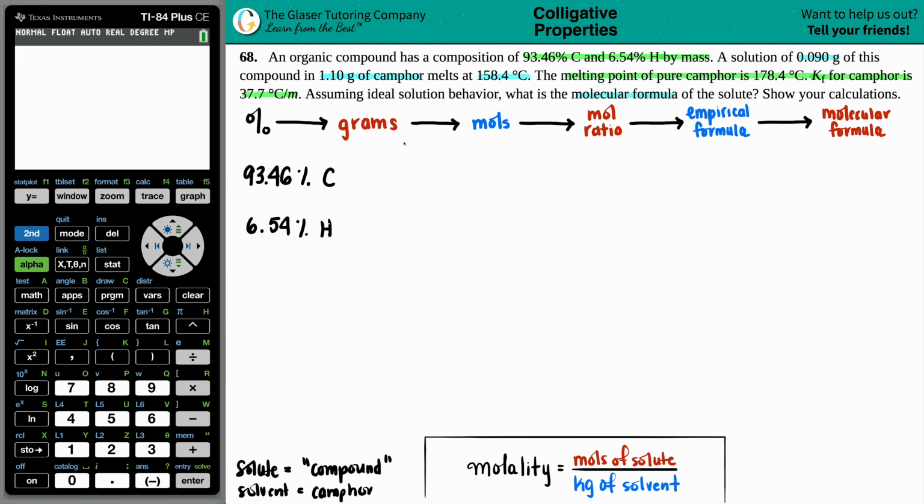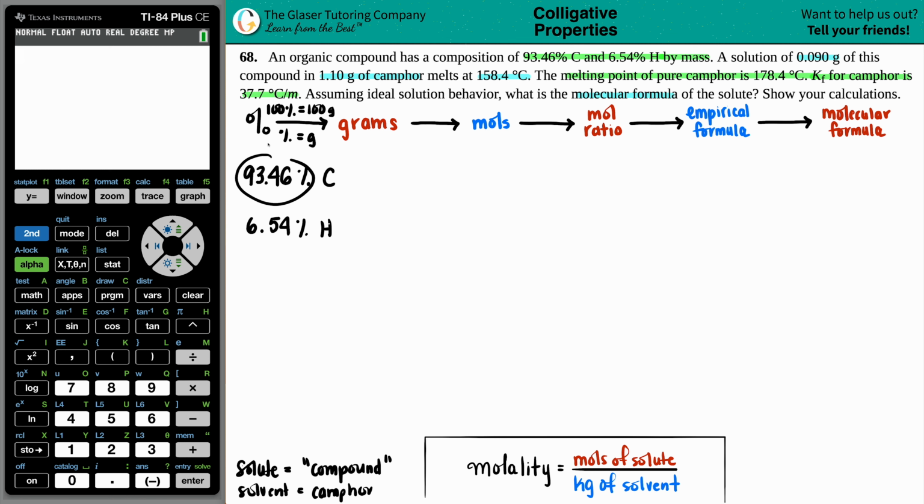How do I go from percent to grams? Well, since the whole sample is 100%, we can make a standard and say that everything was out of 100 grams. And because of that, the percentage equals the grams.